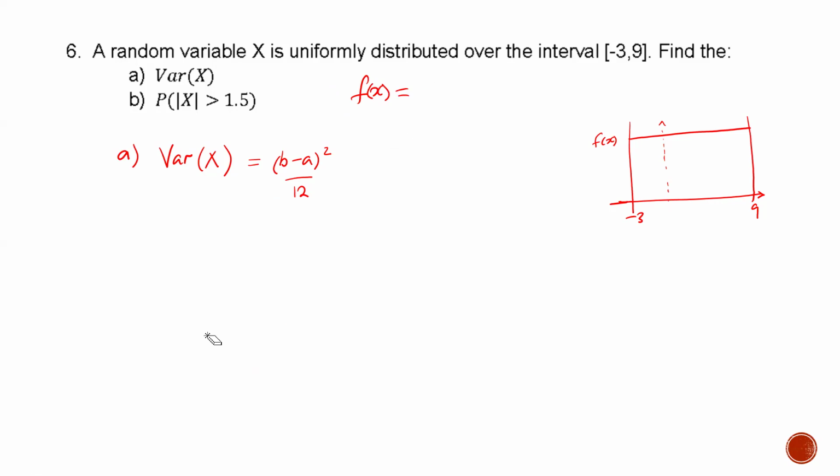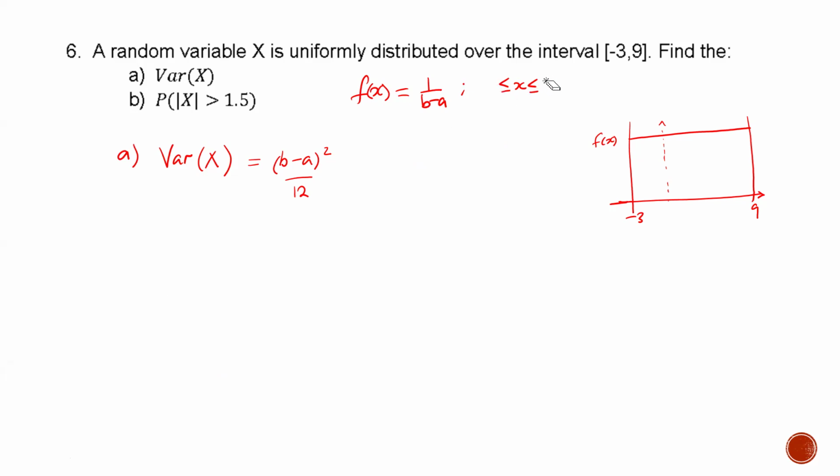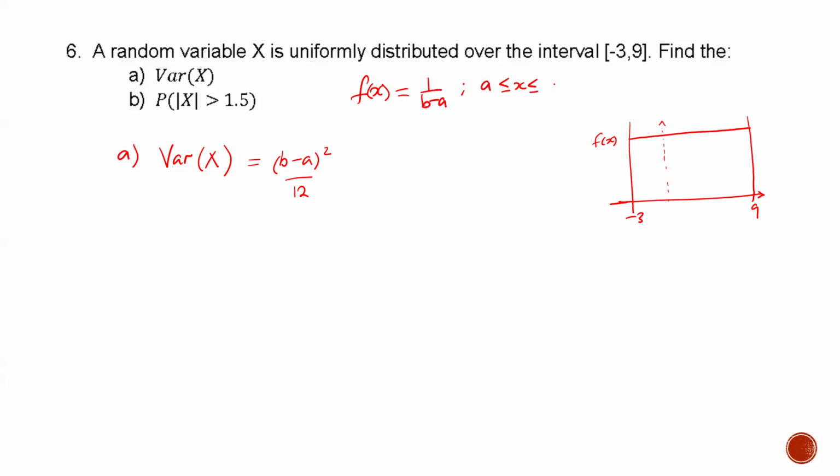This is the probability for a uniform distribution.